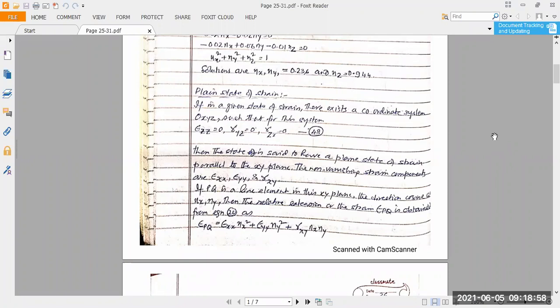Now let us assume PQ is a line element in the xy plane itself.